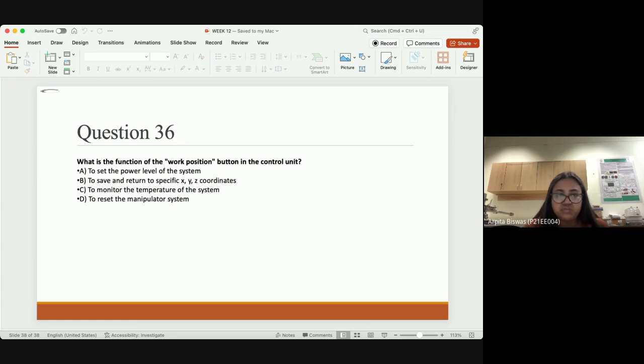So first option, to save the power level of the system. Second, to save and return to specific XYZ coordinates. Third, to monitor the temperature of the system. And fourth, to reset the manipulator system. So go through the question carefully and find out the right option.